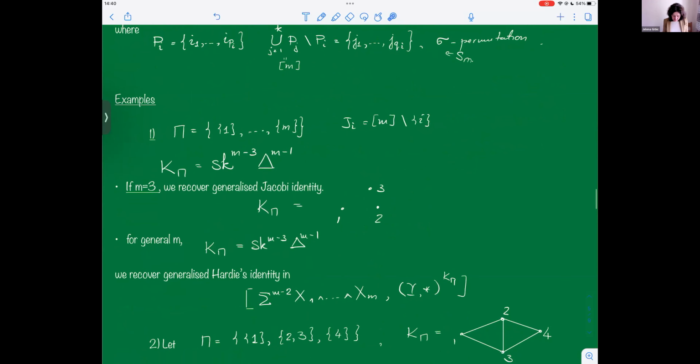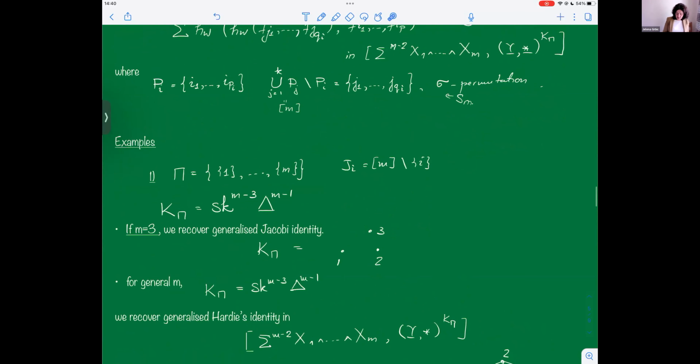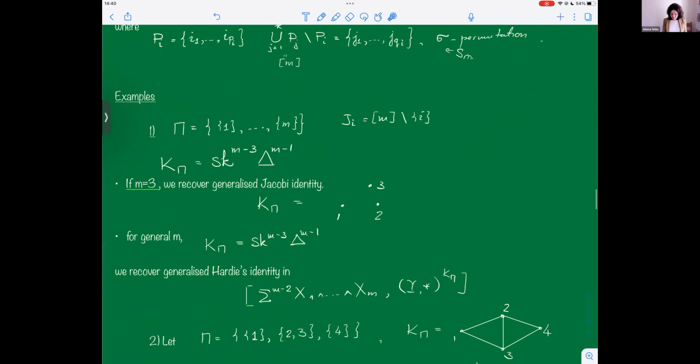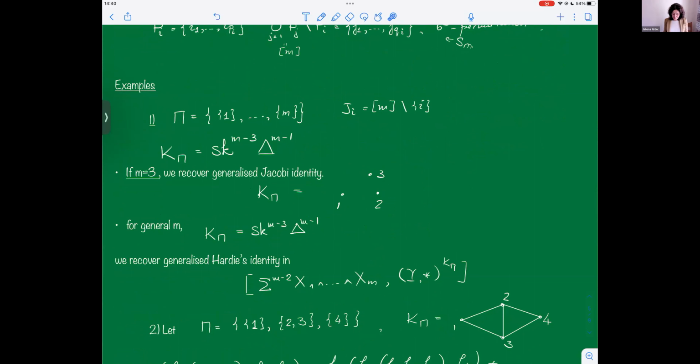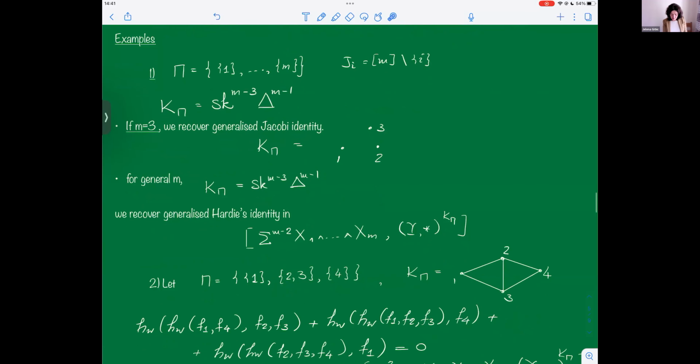Okay, let me just say quickly that if our partition is a partition into singletons, we recover the Hardy identity. Namely, if you just have 3 disjoint points, that gives you the Jacobi identity. If you have an arbitrary number of points, then under this partition, you recover the Hardy identity.